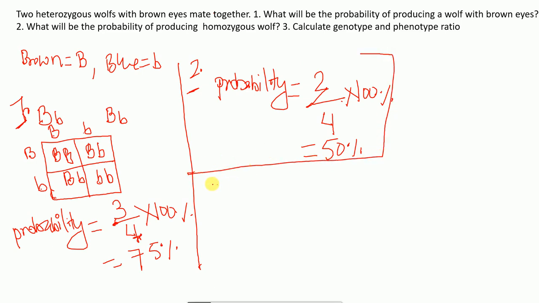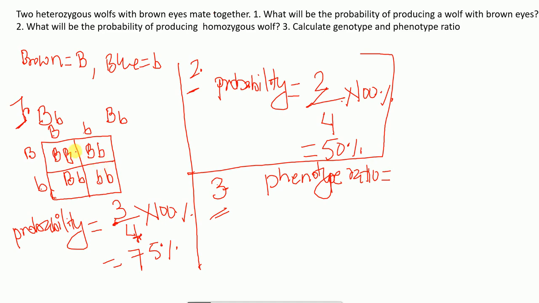Question number 3 is to calculate the genotype and phenotype ratio. First let me calculate the phenotype ratio. Look at this Punnett square. Here we will get a wolf with brown eyes, here also, here also, but here we will get a wolf with blue eyes.